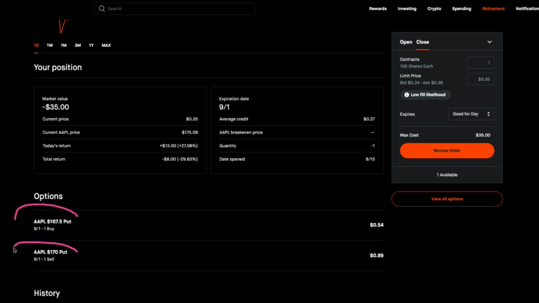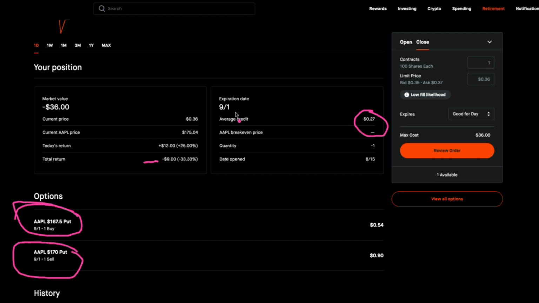So that's a $250 spread that I have opened, and for this I received a premium of, I think, 27. The expiry is 9/1. Right now there is a loss of $9 that you can see here. So now let's understand the situations which we discussed.